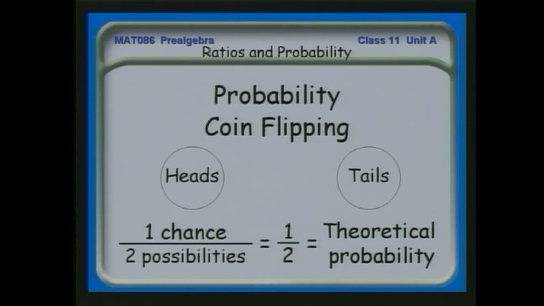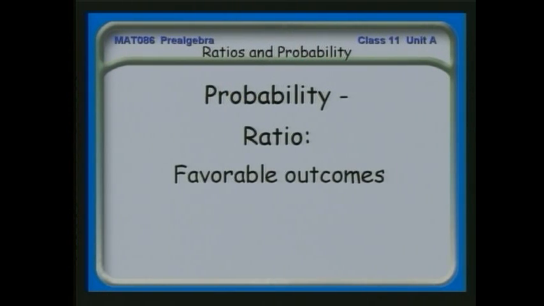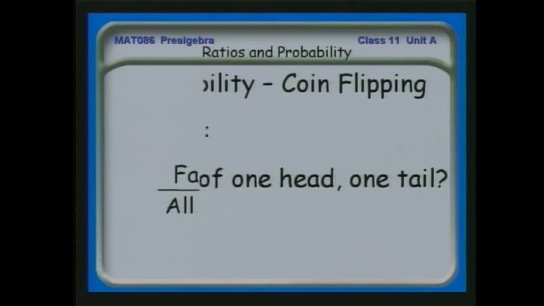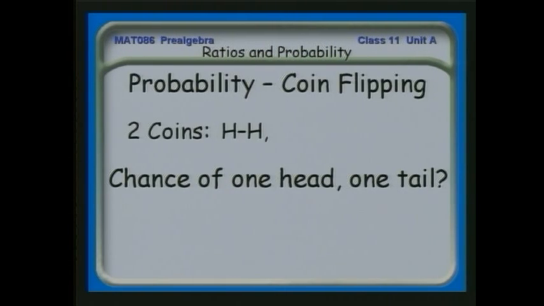We could also look at the favorable outcomes, what we want, compared to all the possible outcomes. For example, if I have two coins, what are the possibilities? I can have two heads come up, a head and a tail, a tail and a head, or two tails. What are my chances of getting, as I flip the two coins at once, one head and one tail?